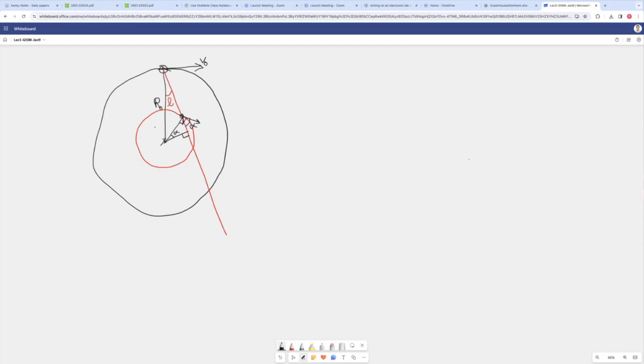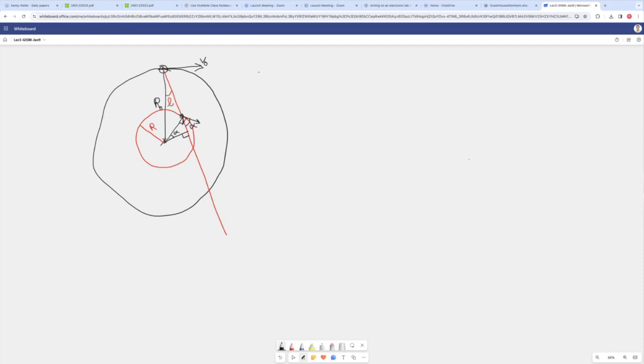Okay, and the radius of this inner circle is say r. Now we are interested in measuring two observables that we can actually get: the line of sight velocity and proper motion. So this is the line of sight.